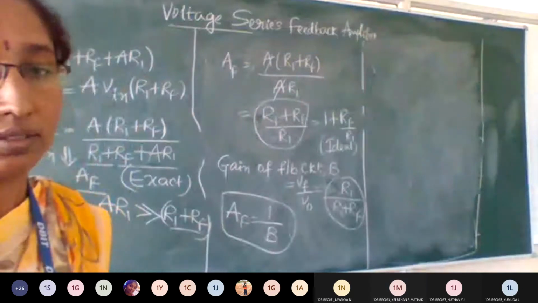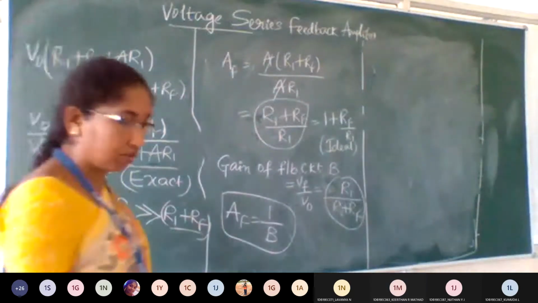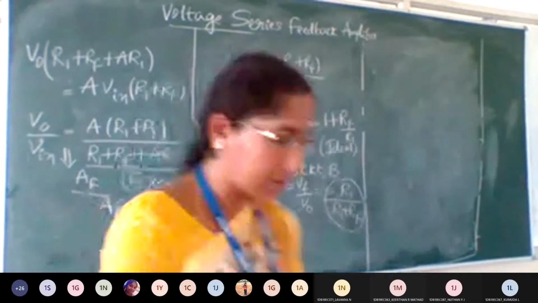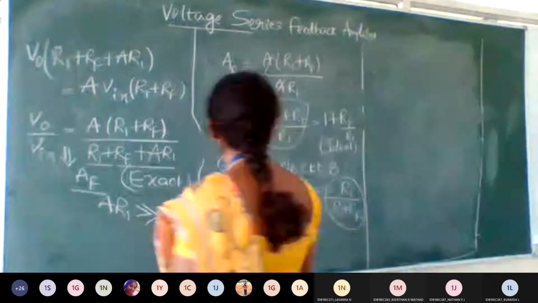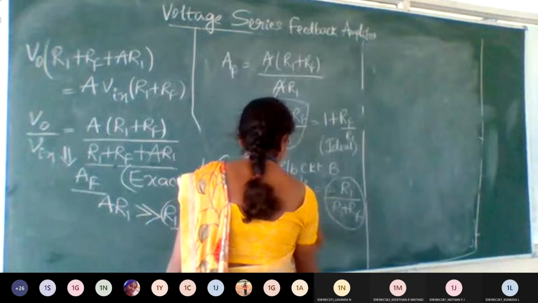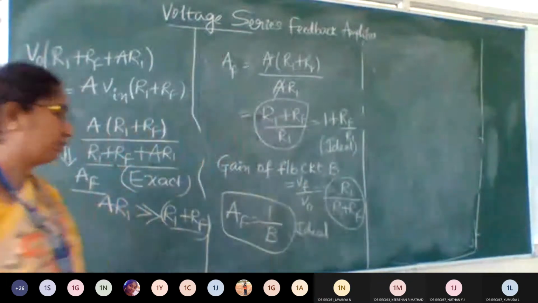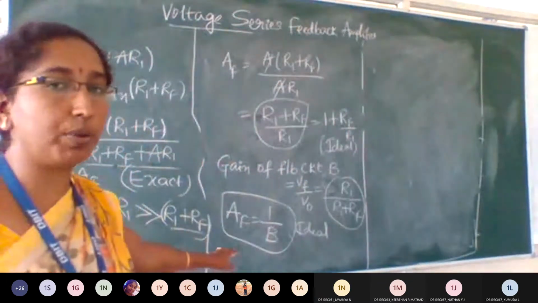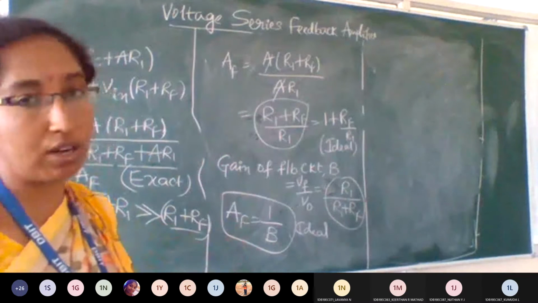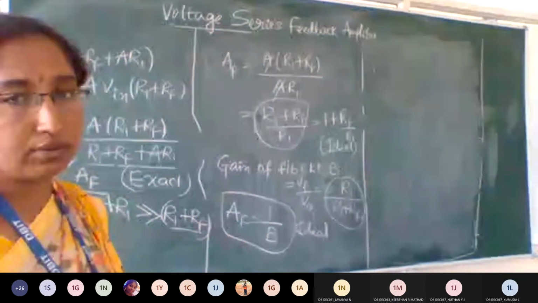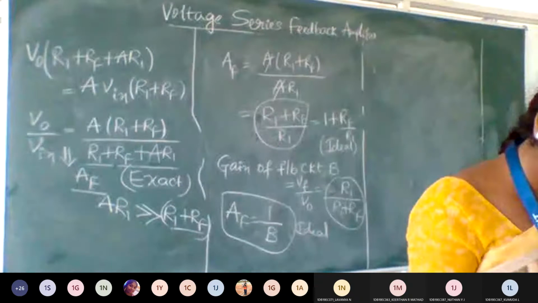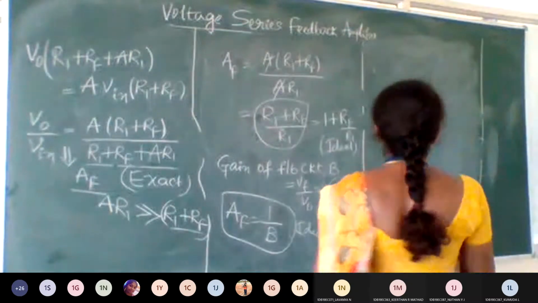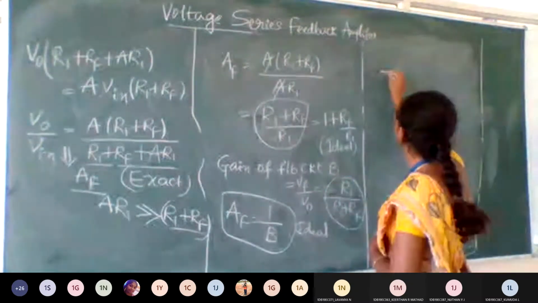Or I can say the closed loop gain ideal value is for ideal. So always the closed loop gain and the feedback circuit gain will be reciprocal of each other. So this is a generalized block diagram.